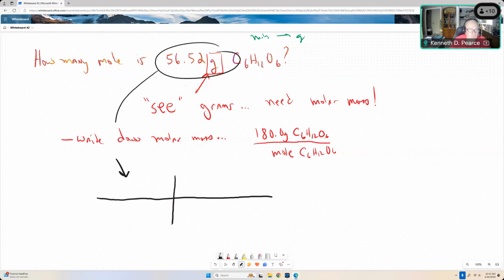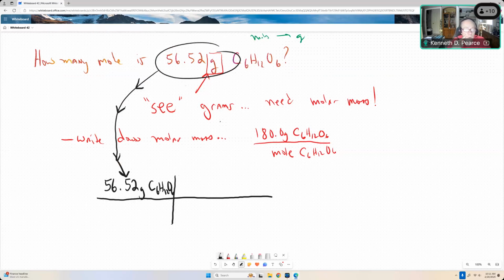There it is. And how do I know this is my measured number? Because I had to put this on a scale. I had to go across the room to the scale, put it on a scale, and I got a measurement.